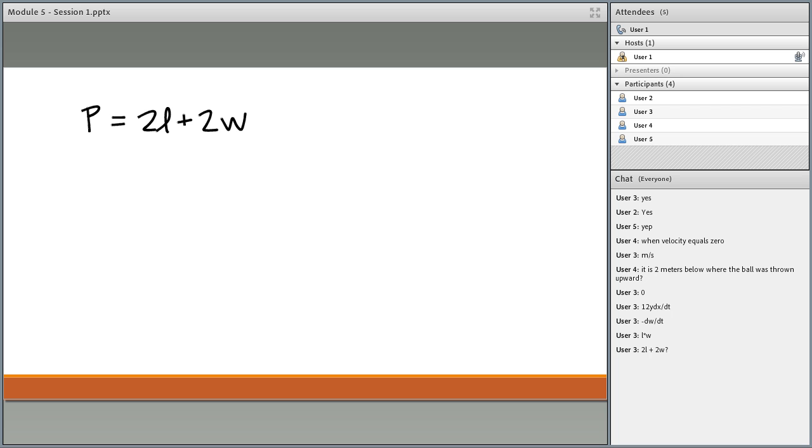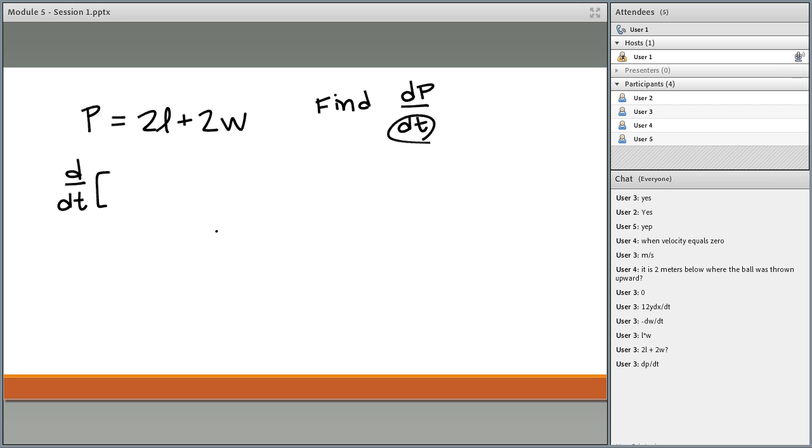So what are we actually trying to solve for? Well, we want to find the rate of change of the perimeter with respect to time. Perfect. So the rate of change of the perimeter with respect to time, dP/dt. I'm going to do the same thing I did on the last one, take the derivative of each term with respect to t.